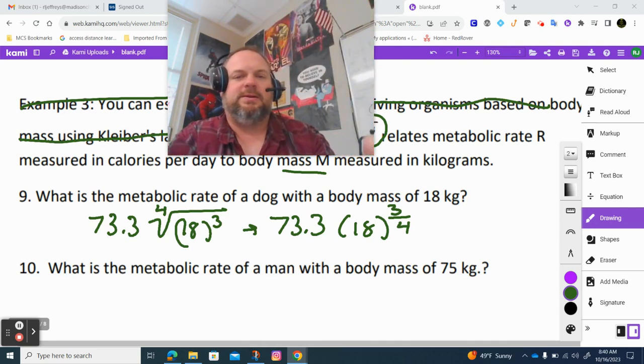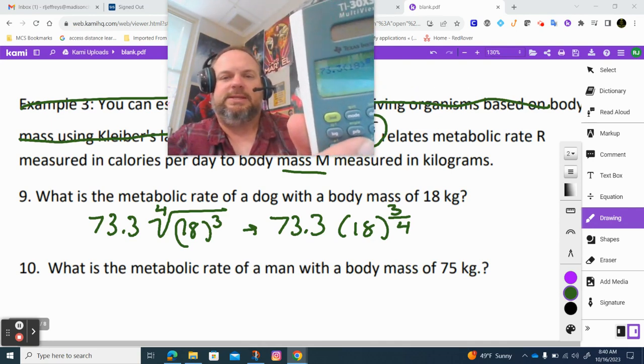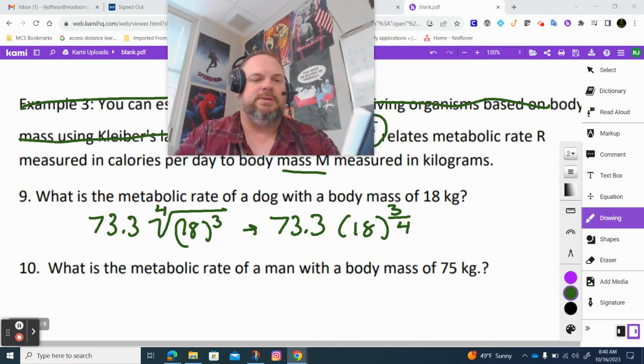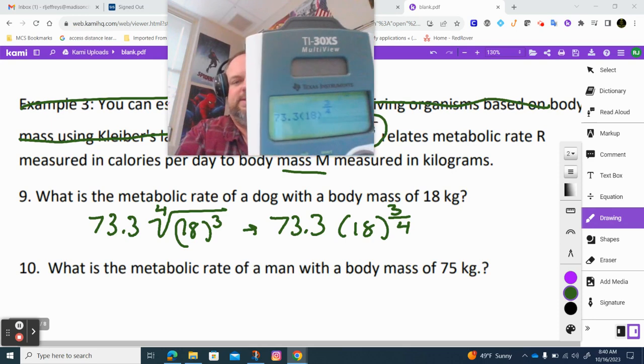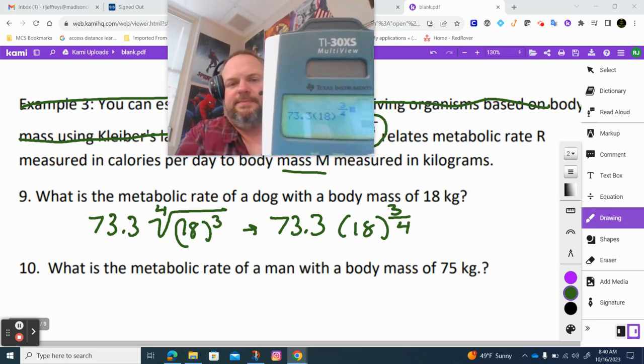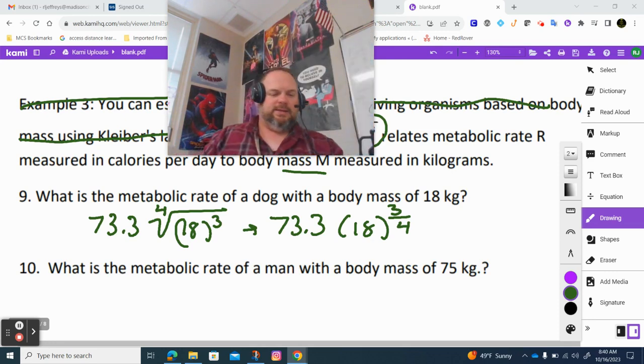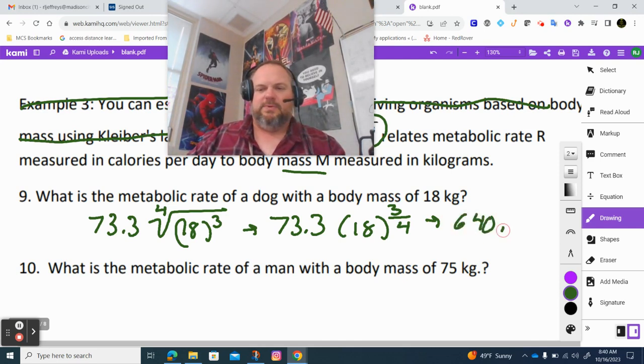And then I'm actually going to hit the little n over d that does a fraction. So 3 over 4. It looks like this, very similar to our paper. We hit enter and we get 640.557. This is going to round up to 640.56.